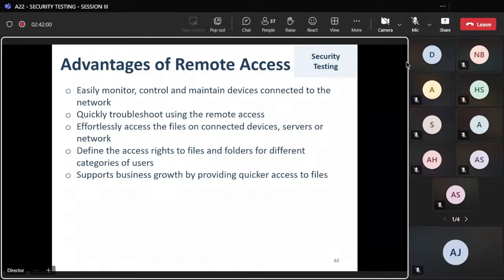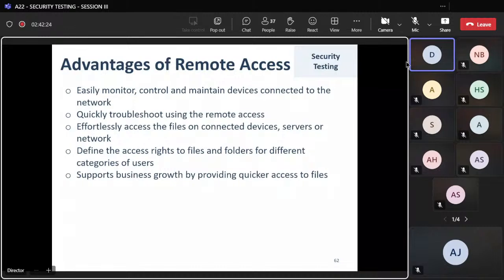It can also help you quickly troubleshoot. You can define the access rights to files and folders for different categories of users so that they cannot misuse their access levels, and support business growth by providing quicker access to files. When you have remote access, you are able to access those files, folders, resources, and do troubleshooting.